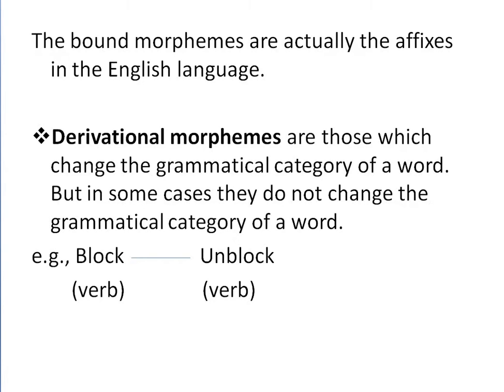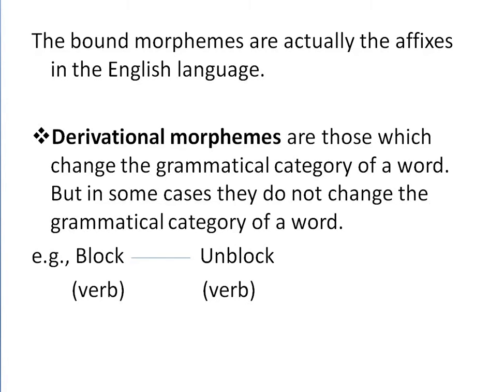For example, the word block, we have made another word unblock. So block is a verb, unblock is also a verb. The grammatical category of the word is not changed, but by addition of a morpheme un. It's not a word, it's a morpheme.